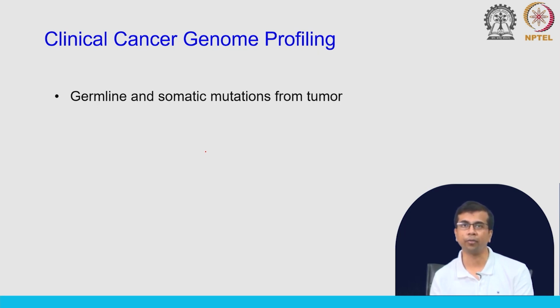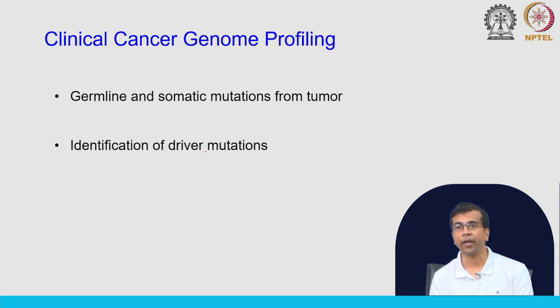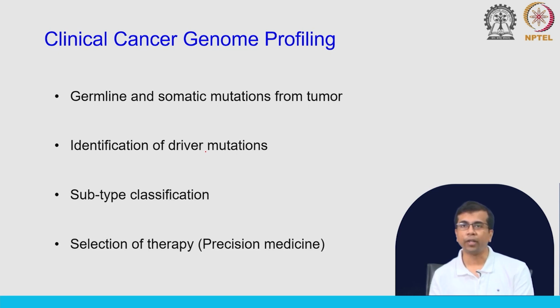We can study germline and somatic mutations from tumor. As I have told, tumors accumulate a lot of somatic mutations during the cell division process, and by studying these somatic mutations we can identify the driver mutations. What are the driver mutations that are driving the progression of tumor through different stages and driving those phenotypes, the drug resistance or immune evasion phenotypes, etc. We can identify different subtypes of tumor.